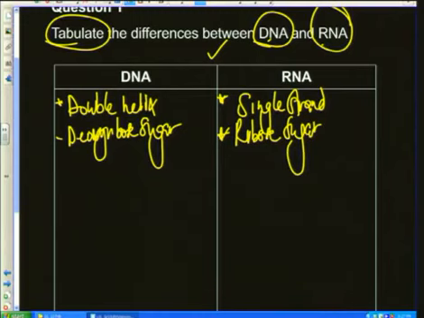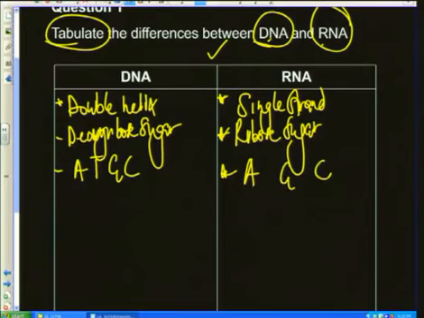Third difference from what we learned: DNA has ATGC, adenine, thymine, guanine, and cytosine, whereas RNA has A, G, and C, but it also has uracil in the place of thymine.